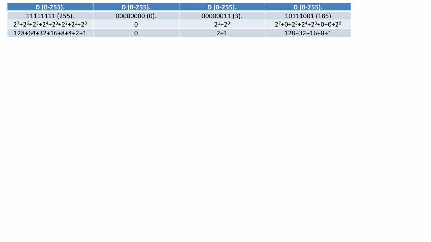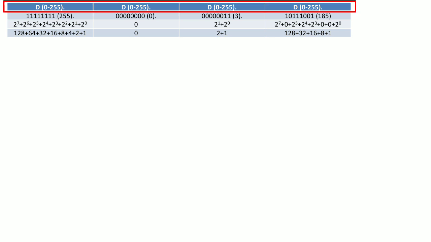certain bits are 1. And in this table I have performed a certain calculation of an IPv4 address. In the top row you can see decimal values which are separated by a dot notation, and D depicts a decimal value.